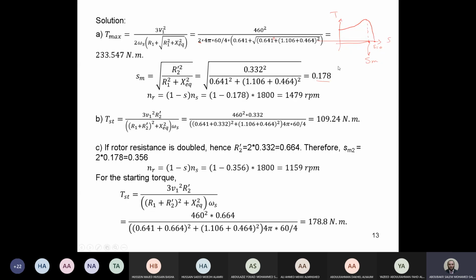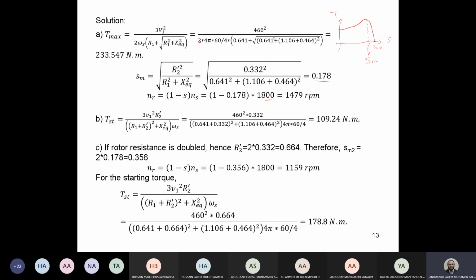We would like to get the speed now. Speed depends on the value of slip. So we can say the rotor speed equals 1 minus S multiplied by NS. NR equals 1 minus 0.178 multiplied by NS, which is 1800. We know it's 1800 because we have a 4 pole, 60 hertz motor.